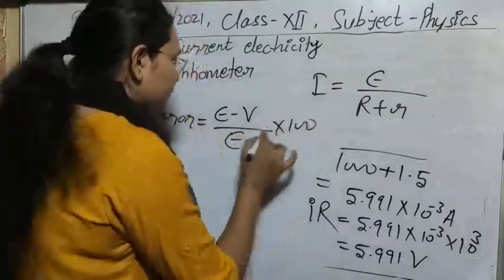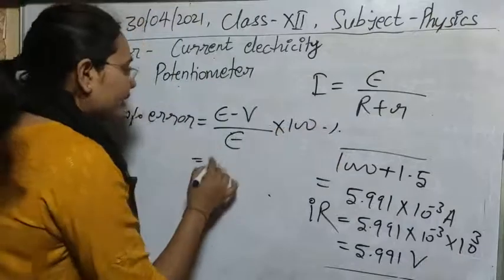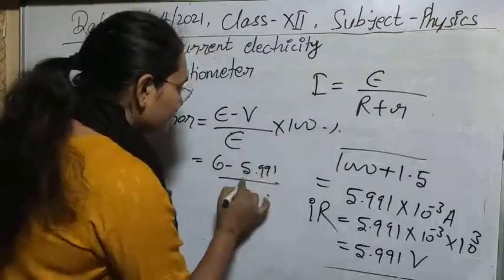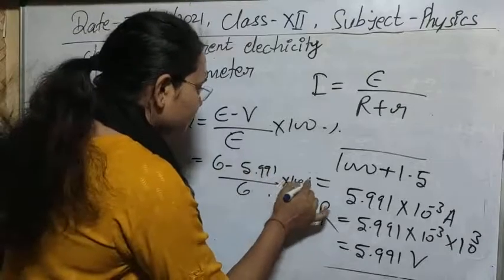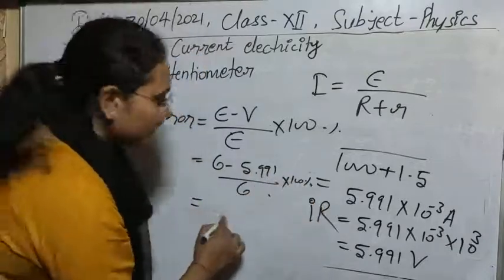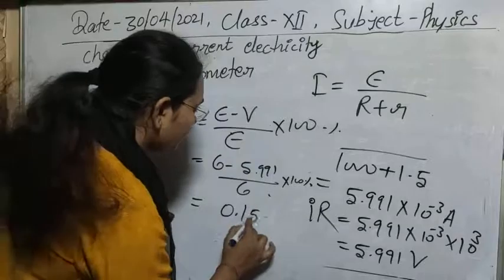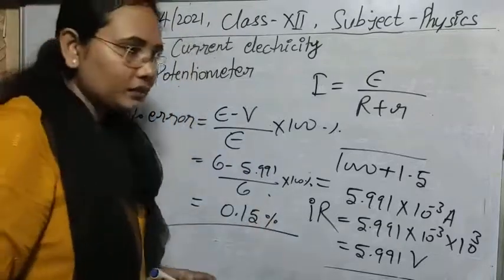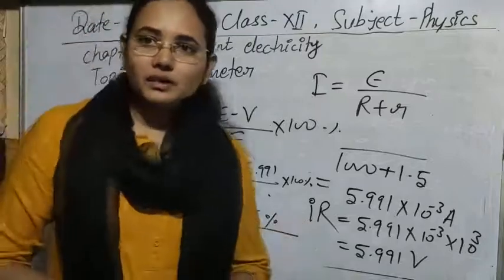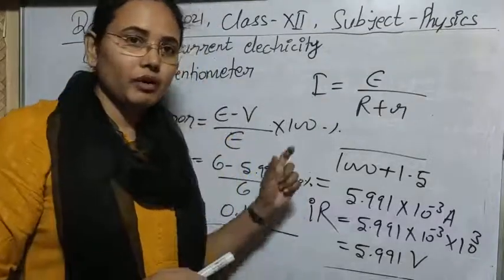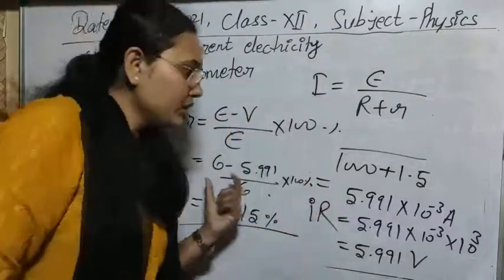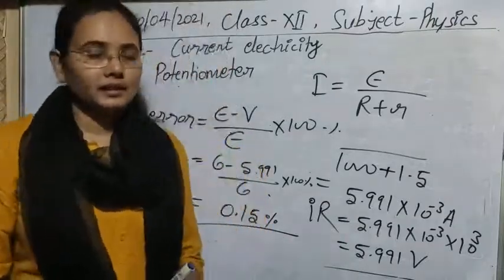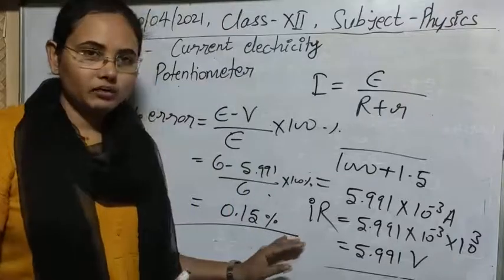So if you write the values, this is 6 minus 5.991 upon 6 into 100%, and if you solve it, it is obtained as 0.15%. So this is the percentage error by the voltmeter that has measured the value of EMF of the cell. So if we use a voltmeter to find the EMF of any cell, then some kind of error will always be there.